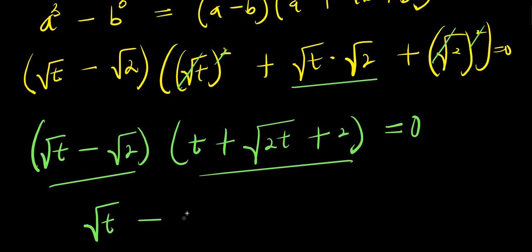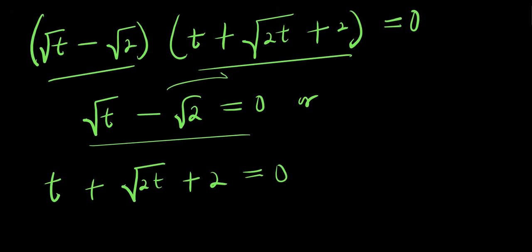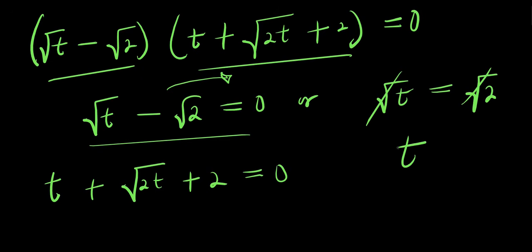Root t minus root 2 equals 0, or t plus root 2t plus 2 equals 0. Now to solve this first one, I move this over here. Root t equals root 2, square root cancels square root. That means t equals 2. This is my t1.